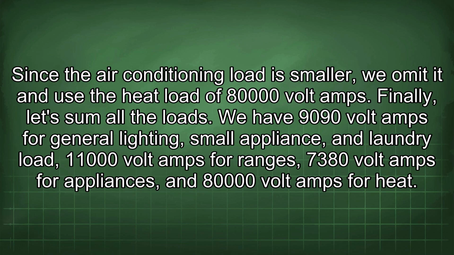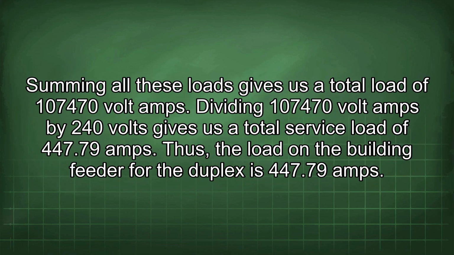Finally, let's sum all the loads. We have 9,090 volt amps for general lighting, small appliance, and laundry load, 11,000 volt amps for ranges, 7,380 volt amps for appliances, and 80,000 volt amps for heat. Summing all these loads gives us a total load of 107,470 volt amps.